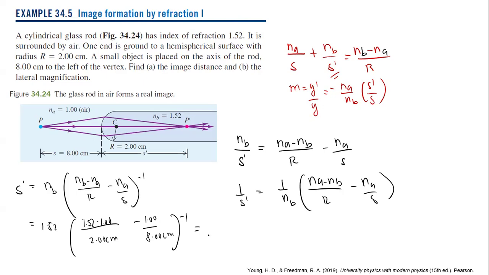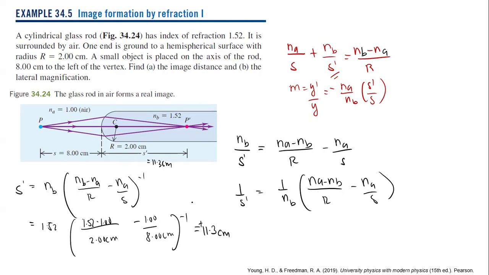We have 11.3. It's positive 11.3 centimeters. So the image distance is equal to 11.3 centimeters.